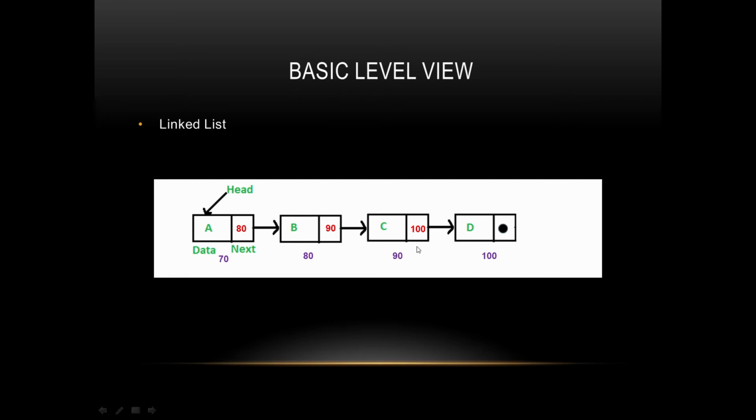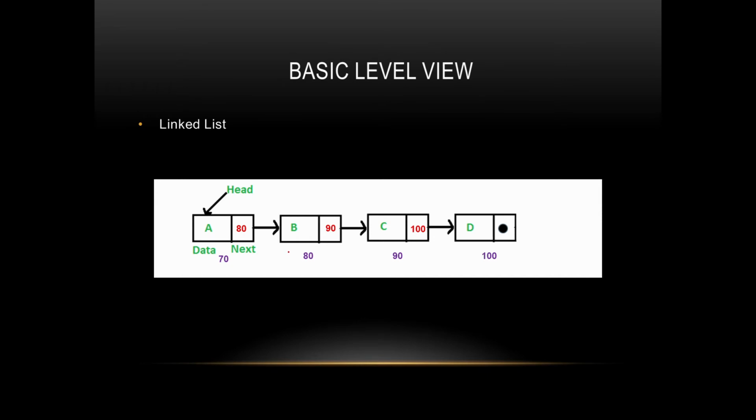In these four nodes you can see there is some data like A, B, C and D, and each has a memory address. Firstly, this node's memory address is 70, this node's memory address is 80, this node's memory address is 90, and so on. So what is this part? The next part of the first node contains the link to the next node.